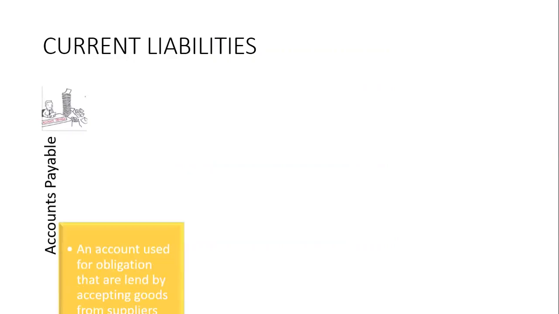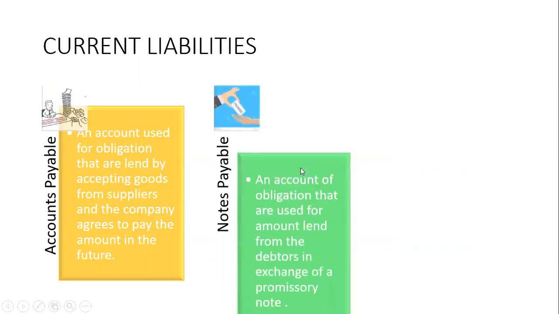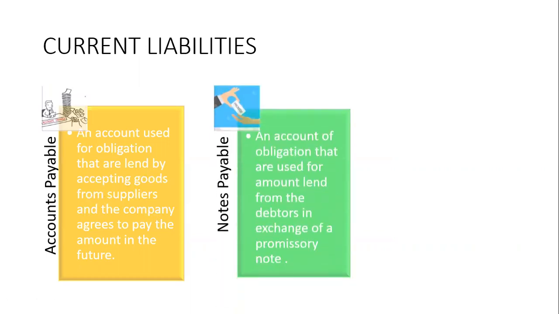So dito naman, tayo yung utang. So account used for obligation ng company that are lent by accepting goods from suppliers. So utang natin sa supplier, that is considered as accounts payable. Then pag notes payable naman, utang pa rin natin. Pero in this case, tayo yung nag-issue ng promissory note.